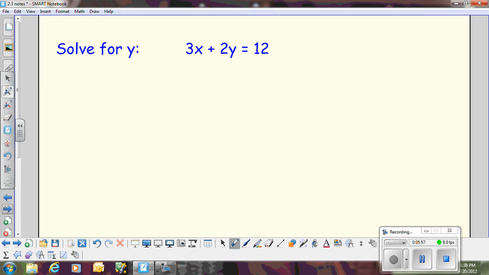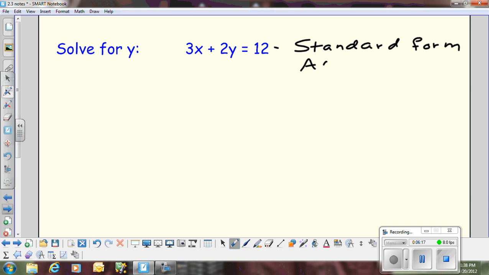Okay. When you see a graph or an equation that looks like this, this is the standard form of a linear equation.